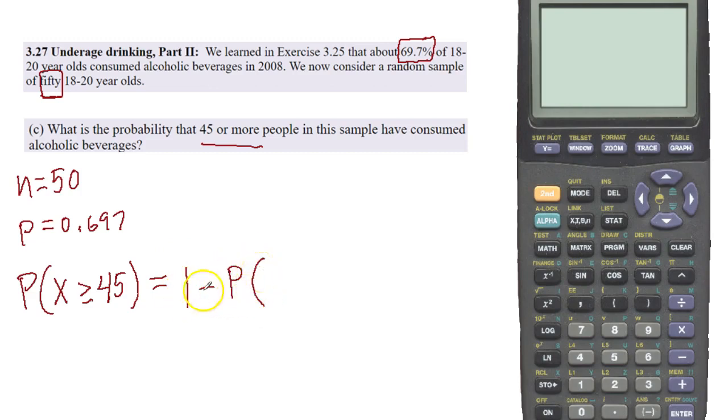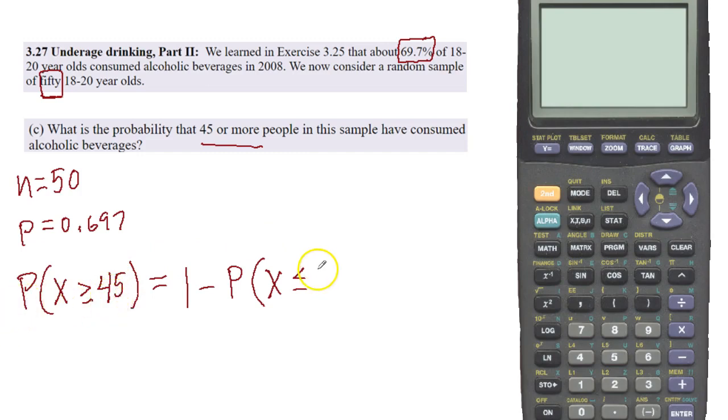Now, you may be familiar with the complement. This is known as a complement when you do 1 minus the probability, and you just want the opposite. So 1 minus everything else besides greater than or equal to would be less than. The probability of less than or equal to, what would that be? Well, we're including 45 and up, so we want to include 44 and down.